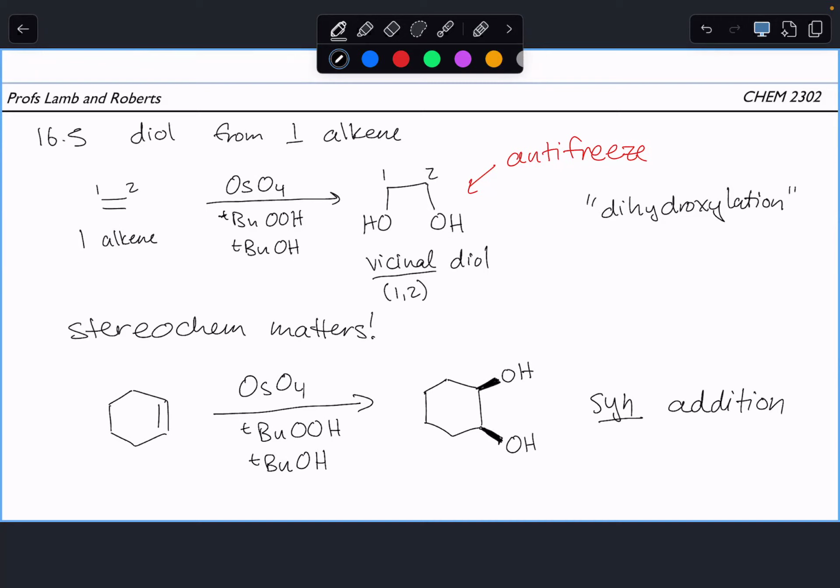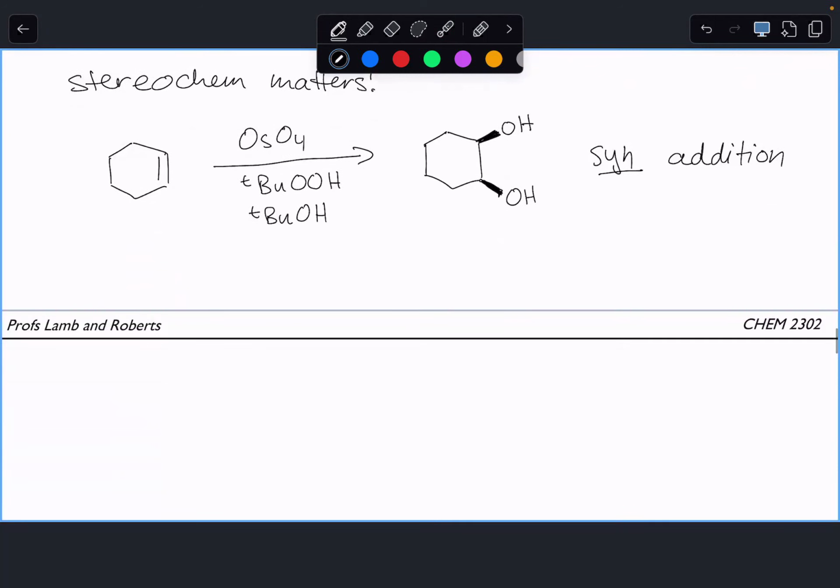So you have to pay attention to the stereochemistry of your alkene and then make sure that you're doing a syn addition to that. I think it's a little bit easier when it's in a ring because your alkene basically has to be cis, but that's not always the case. You have to be a little bit careful if your alkene is not in a ring.